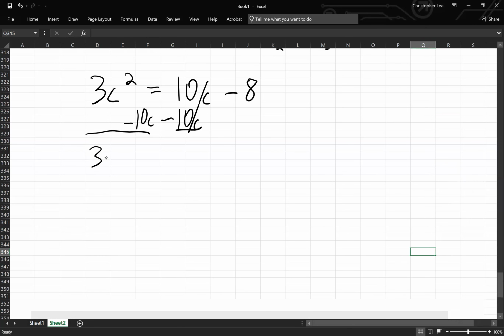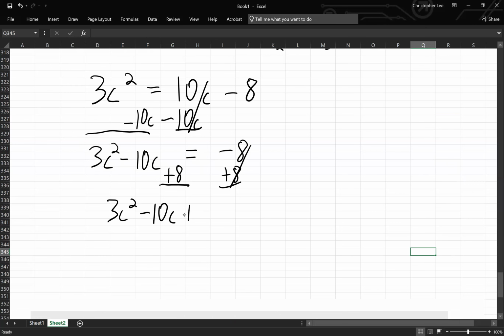Now I got 3c squared minus 10c is equal to negative 8. Then you're going to add 8 over here. What you do to one side, you do to the other. So 3c squared minus 10c plus 8 is equal to 0.